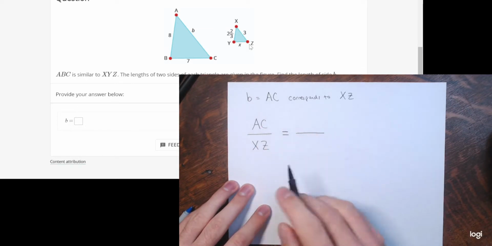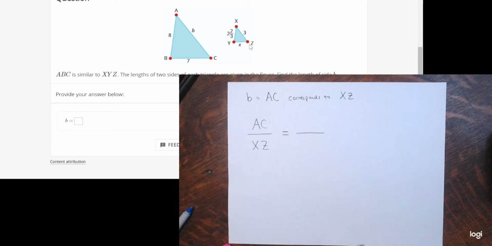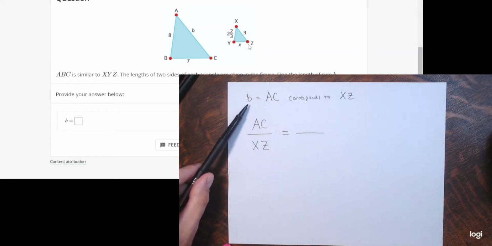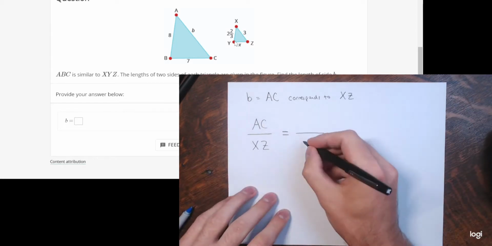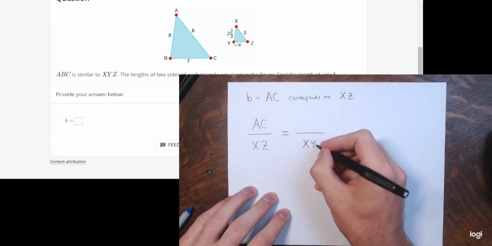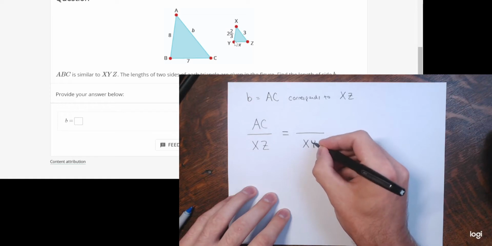And I would like to set up this proportion so that little b is the only variable. So I'm not going to use side YZ that has little x as a side length. I've already used XZ, so I'm going to use XY from triangle XYZ. So I'm going to put that in the denominator over here. Same triangle.